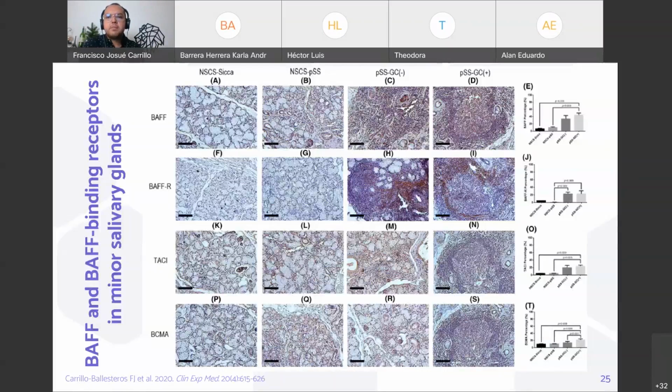And this especially tells us that these receptors don't express as a homogeneous pattern. For example, we have BAFF-R, which is the most relevant discovery of this study. In the germinal center-like structures, as you can tell, there's a pattern all around the germinal center.